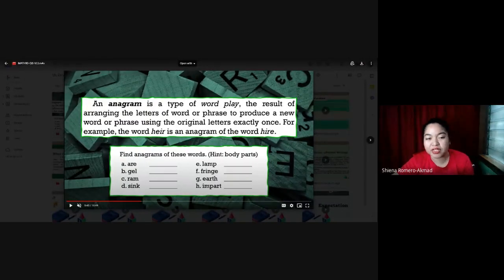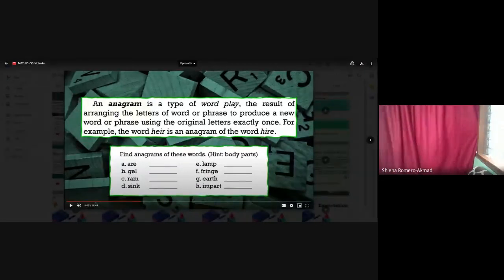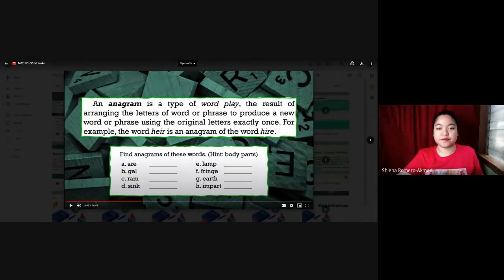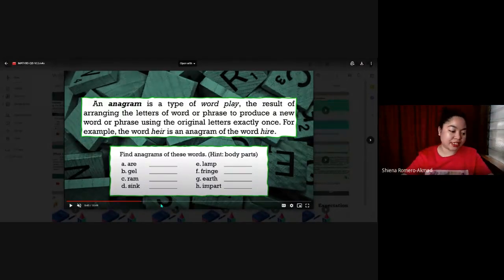So you think of the word, an anagram of these words. Yes, what word did you form? Let's start with letter A.